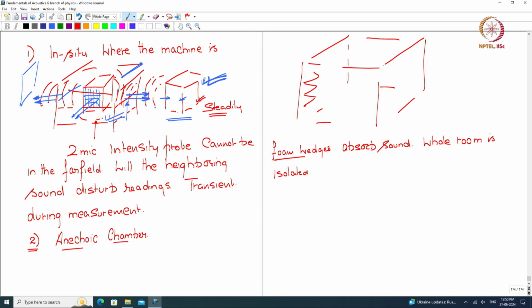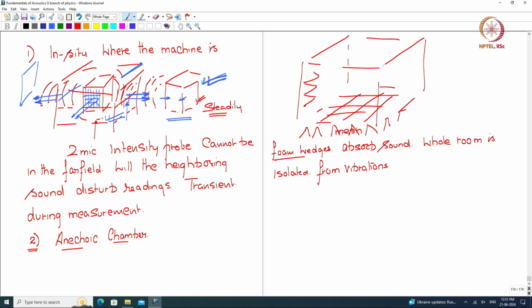Okay, so the whole room is isolated from vibrations. If you want to make that sensitive, the floor is actually a mesh, so you will be standing on a mesh, and beneath the mesh are again acoustic absorbing foam.